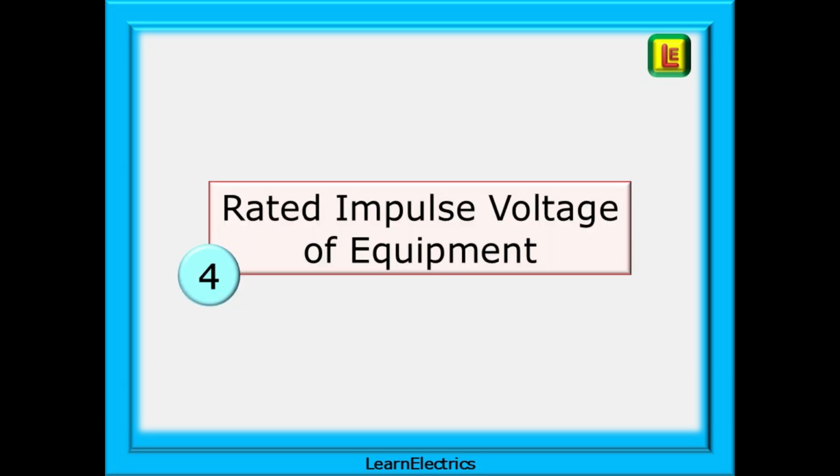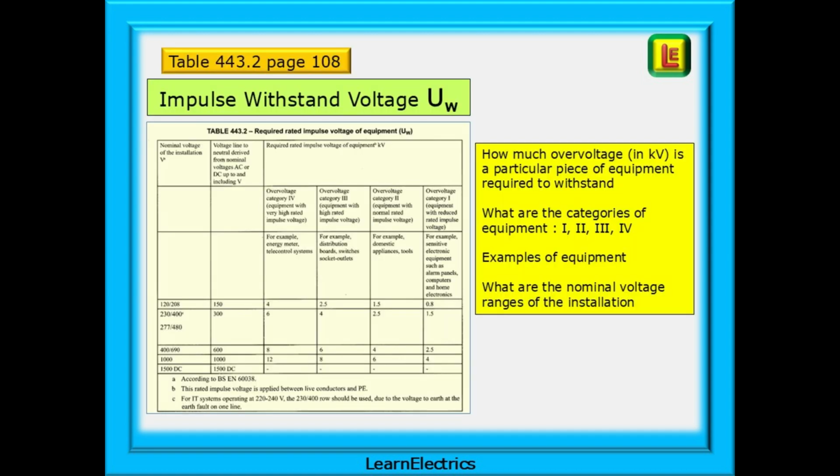Table 4 is about the rated impulse voltage of equipment. Look at page 108 and table 443.2. UW is the impulse withstand voltage. If voltage surges are present on the electrical supply system, what amount of overvoltage must certain types of equipment be able to withstand without presenting a danger?